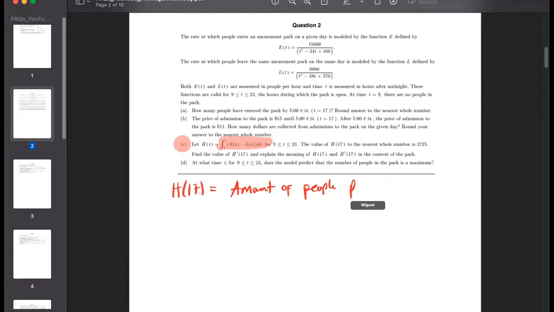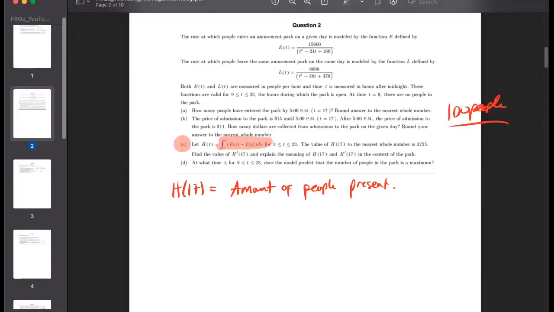It's the amount of people present. That's it. Now, be very careful because sometimes, and I would say a lot of times, if this type of problem showed up, they talk about the original amount. So sometimes they'll say that when the park opened, there were 100 people. Let's just say that's an instance because that could technically happen.